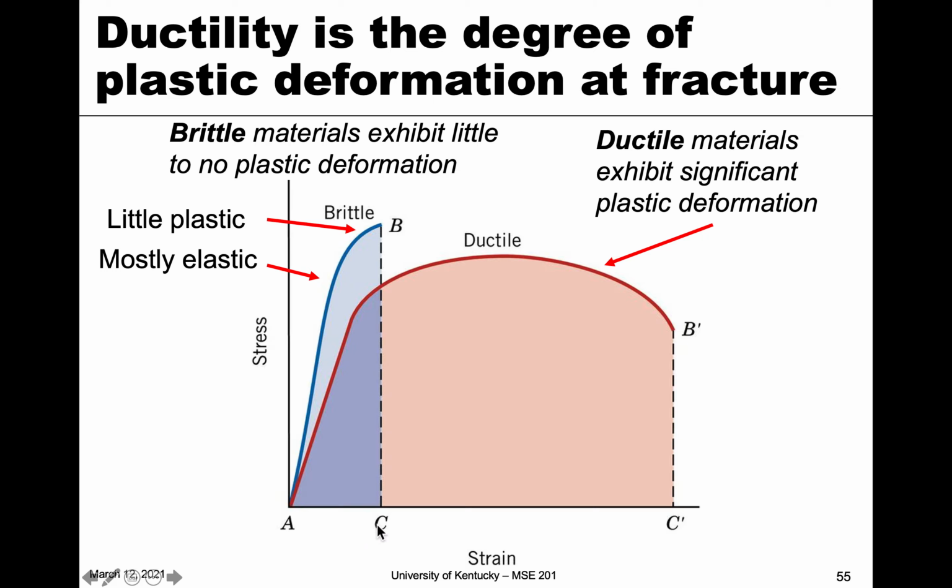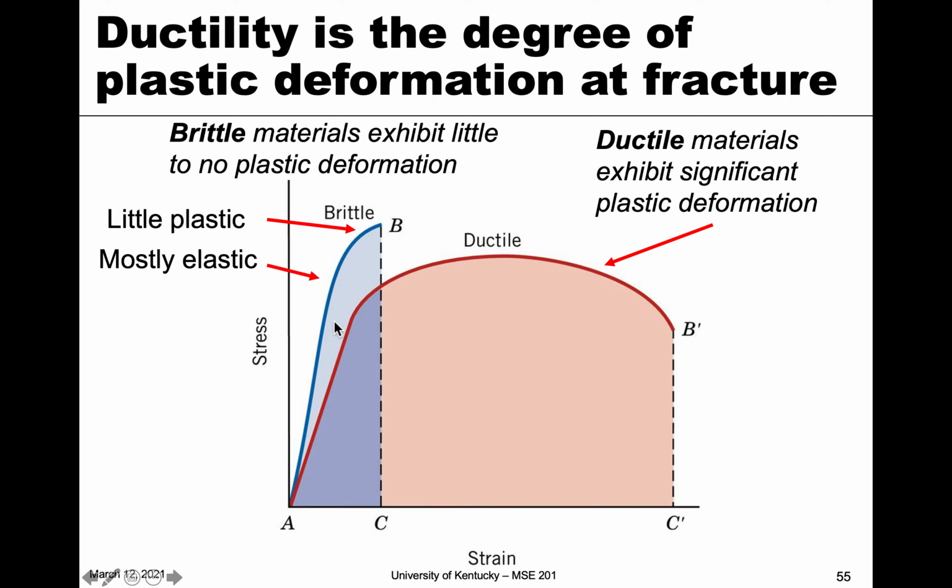A material that doesn't have much plastic deformation, like this blue material here, is mostly linear, mostly elastic, and so you just have maybe a small amount of plastic deformation. And so the total amount of strain when it fails, at fracture, point C here, isn't very much.